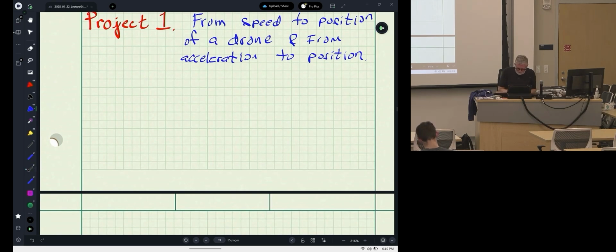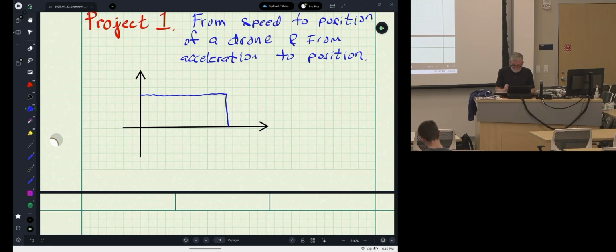So let's just make a few simple graphs. Okay, so I'm going to let the dummy variable be the Greek letter tau, okay?